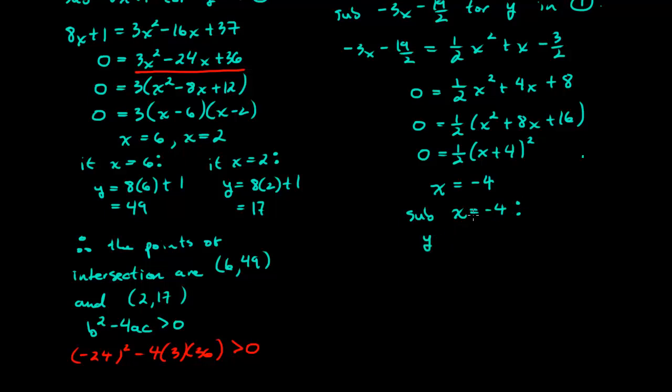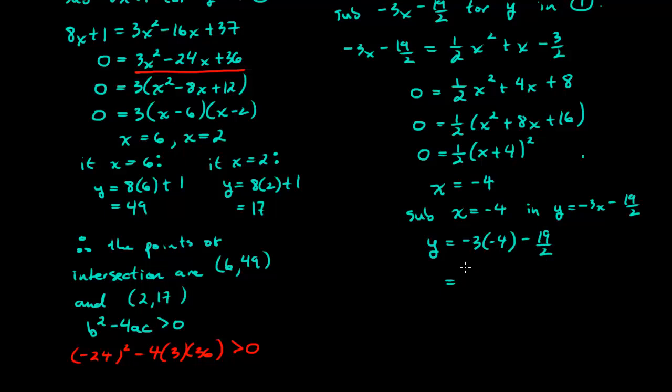So we're going to sub x is equal to minus 4 into y is equal to negative 3x minus 19/2. And if we do that, we get y is equal to minus 3 times negative 4 minus 19/2.